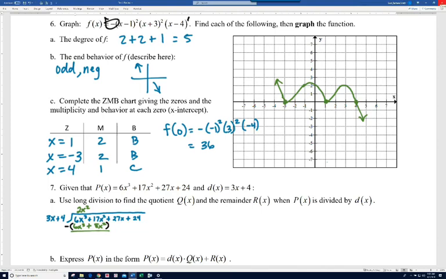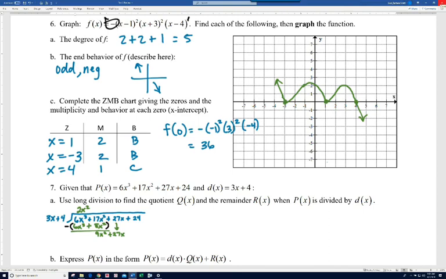And 17x squared minus 8x squared, don't forget you have to distribute this negative to both of these. So that's going to be minus 8x squared. We're going to get 9x squared. And let's bring down the plus 27x.